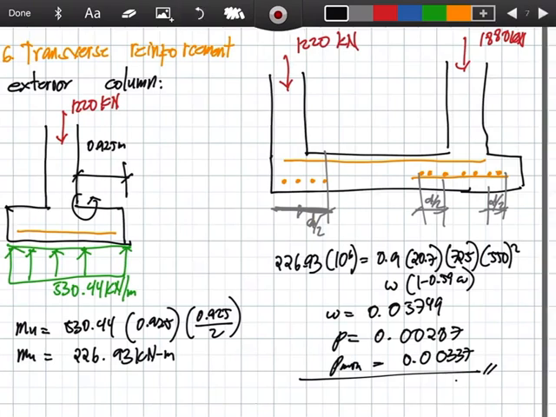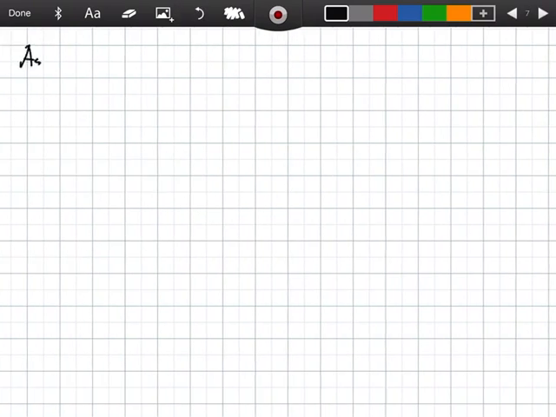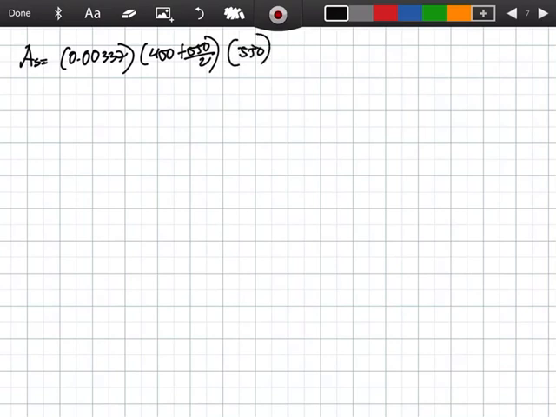If we are going to use rho mean, AS is equal to 0.00337. B ulit natin ay 450 plus 550 over 2 times 550. So, that is 450 plus 550 over 2 times 550 times 0.00337.